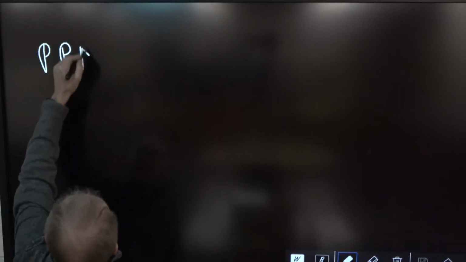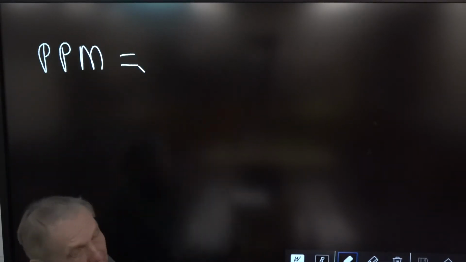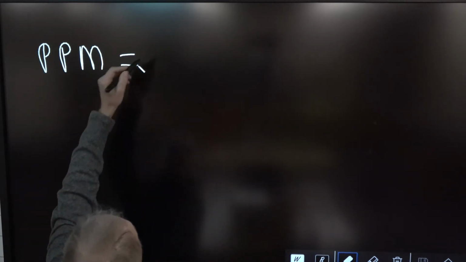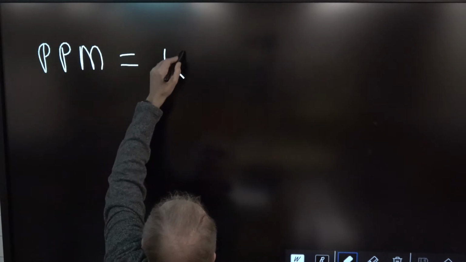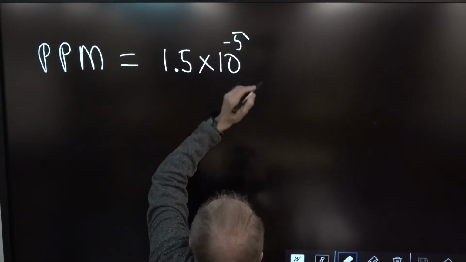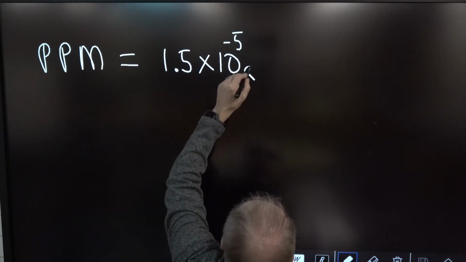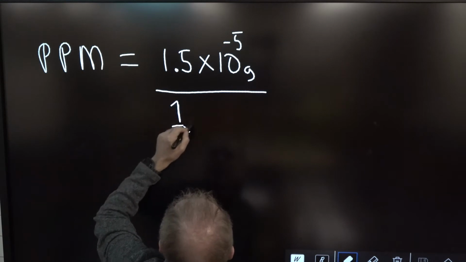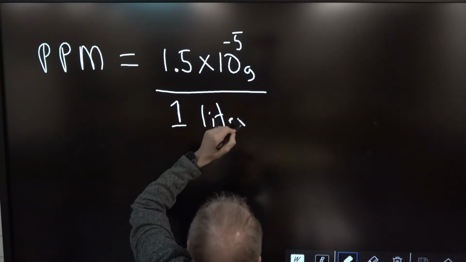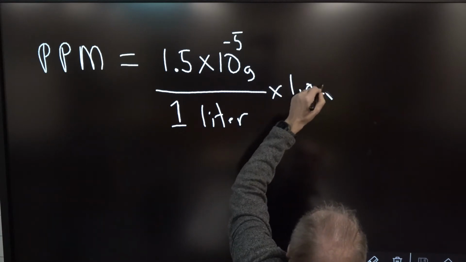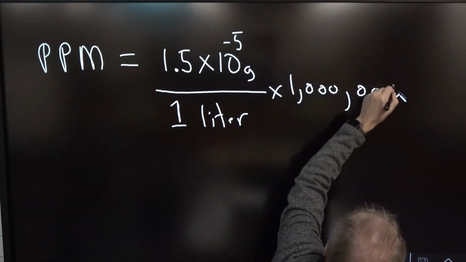So we're going to find ppm, and what they give us is 1.5 times 10 to the minus 5 grams over 1 liter of groundwater times 1 million.